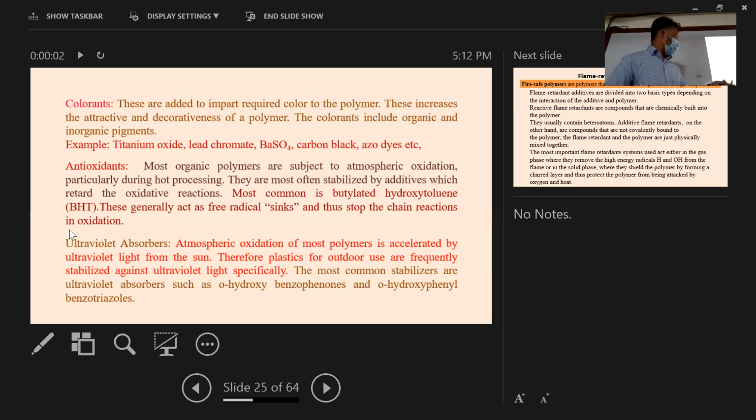The most common stabilizers are ultraviolet absorbers such as orthohydroxybenzophenone and orthohydroxyphenyl benzotriazoles. So these types of materials can be added. If you can remember just a few of the names, maybe one for each of them, that can be very good.